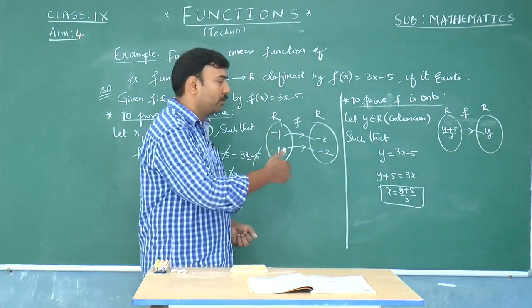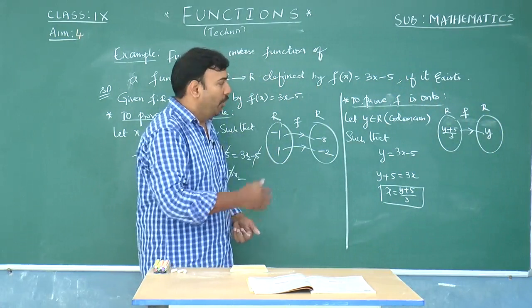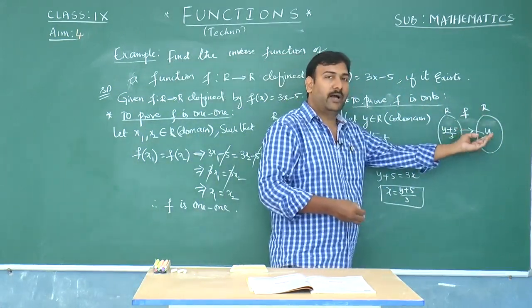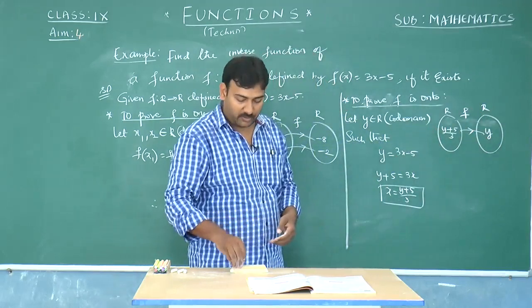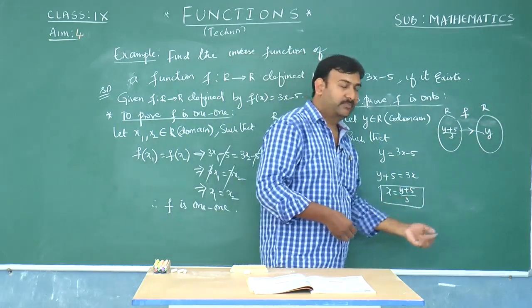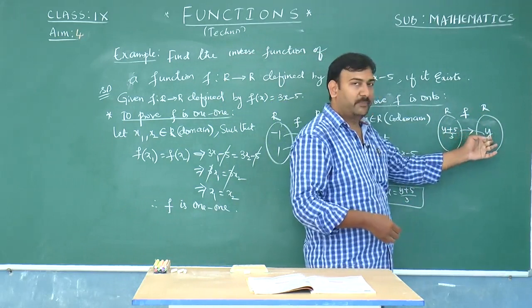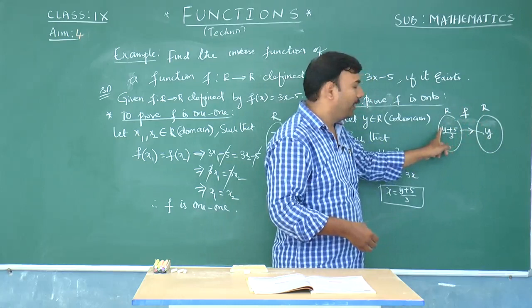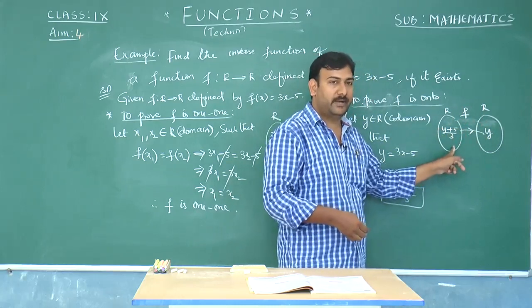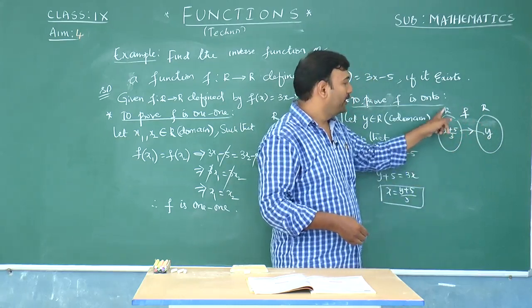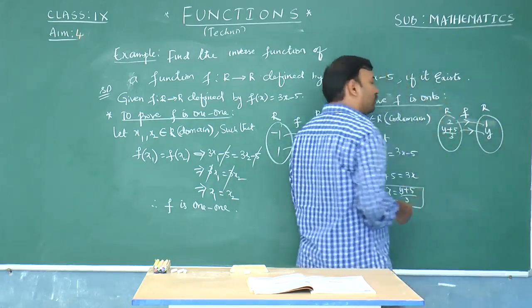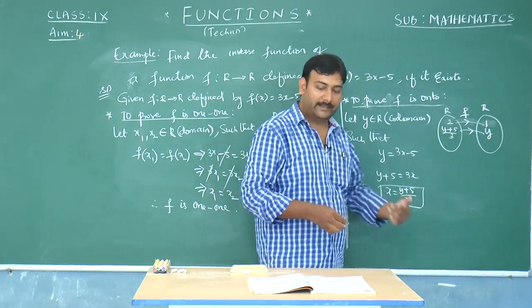So what are we going to do with it? We are going to find whether every element in the codomain has a pre-image or not. Let me just try with some numbers. Let me check with 1. The pre-image of 1 must be (1 plus 5) by 3, that is 6 by 3, which is 2, and 2 is present in the domain. In this way, keep on trying some numbers.